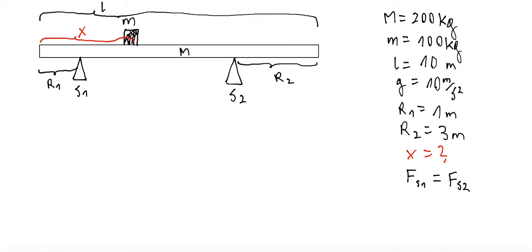Distances are given: the length of the rod, the distance of support 1 from the left edge of the rod, the distance of support 2 from the right edge of the rod. We know the mass of the rod, 200 kilograms, and the mass of the object placed on the rod, 100 kilograms, and you have to find the position where this object should be placed to equally spread the overall force on these two supports. So the force exerted by support 1 must be the same as the force exerted by support 2.